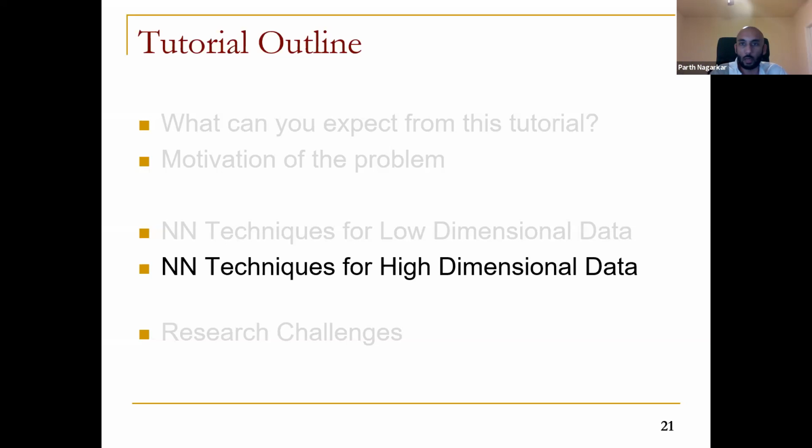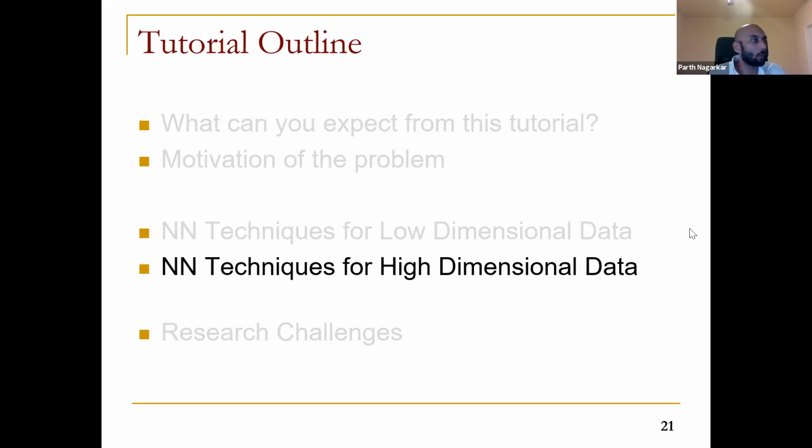And for the earlier question, there was a decision on the cardinality and the dimensionality. Right now I'll explain the techniques for high dimension data. What happens if you have high dimension data?